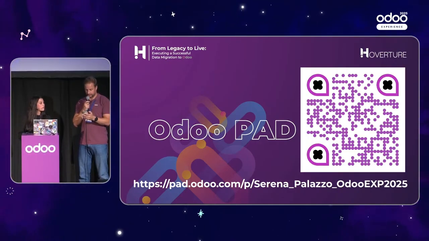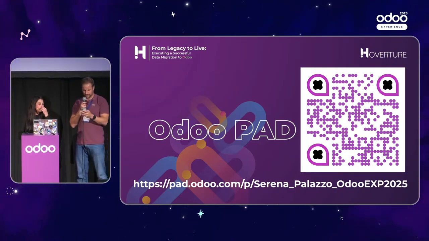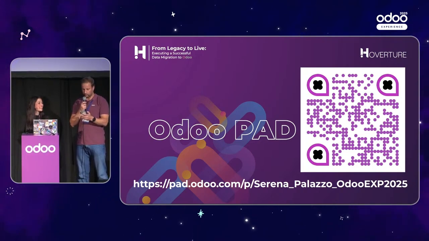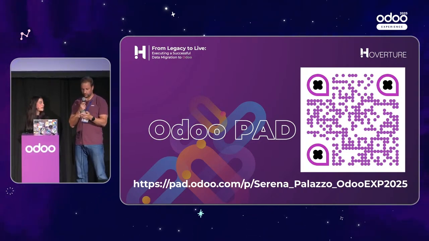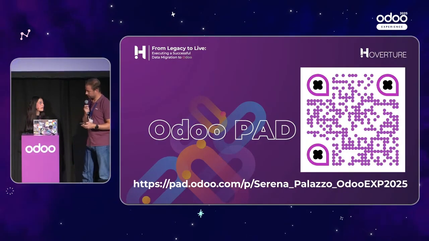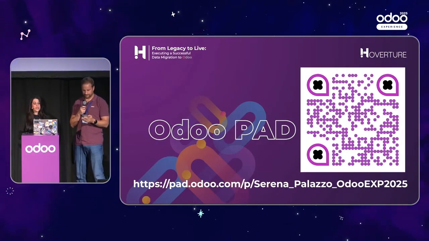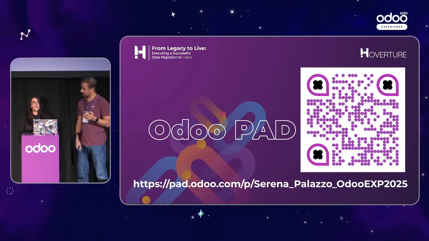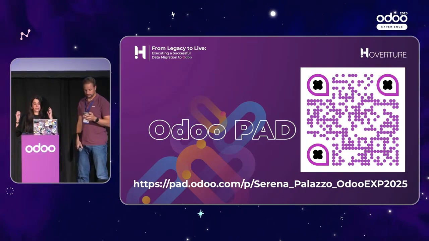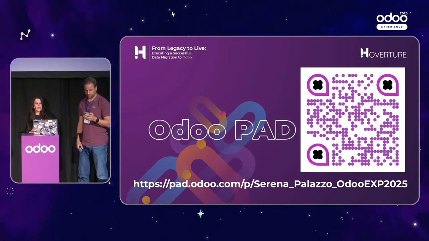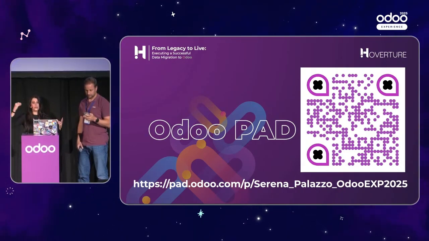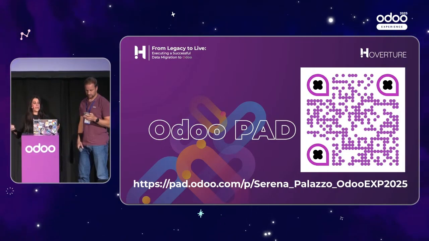All these questions are coming in at the same time. Can you give us one important tip when migrating legacy data into Odoo? Yeah, actually, for me, the very important thing is to have people from the business with you, because sometimes it's not easy to say, okay, I have to move this table to that table in Odoo, because the data model basically never matches.